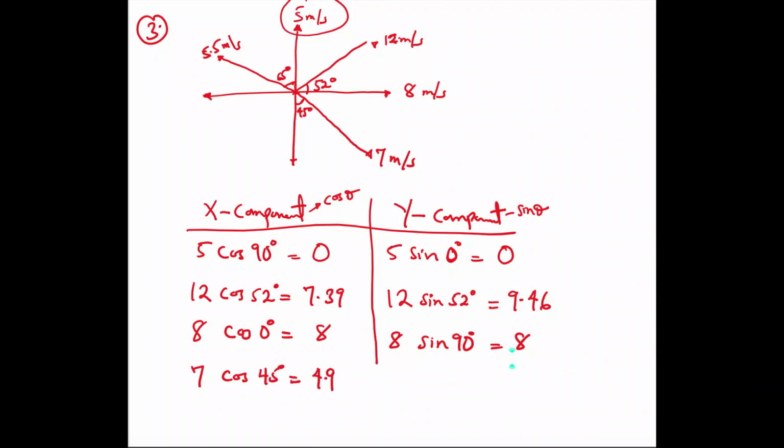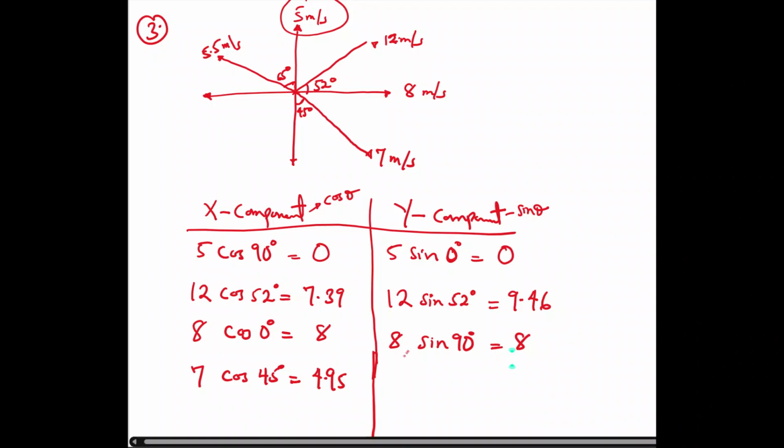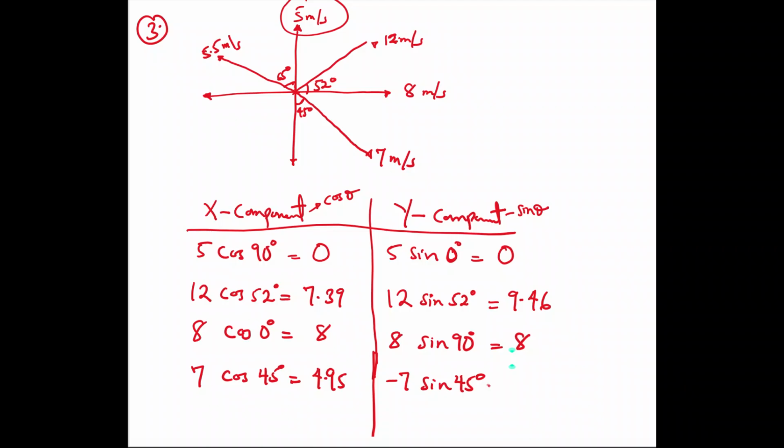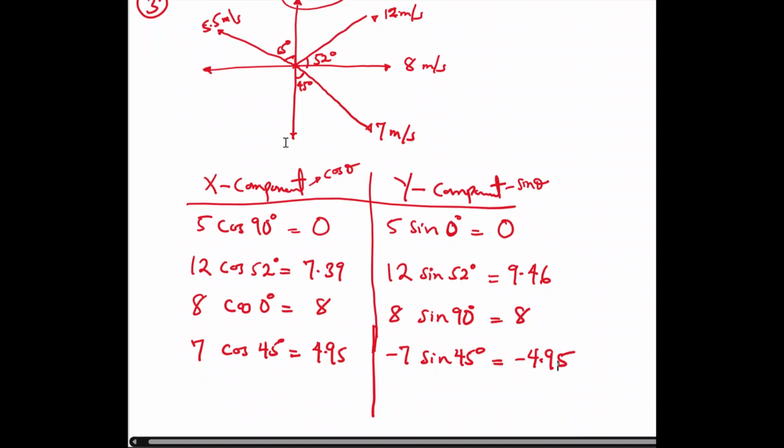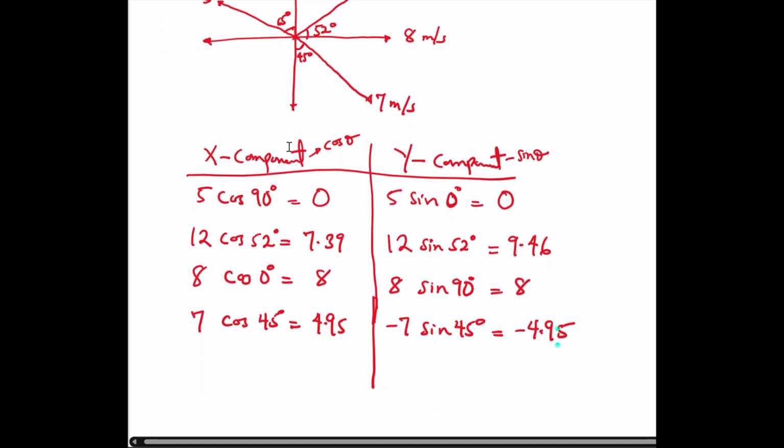So that will be 7 cos 45 degrees, which gives us 4.95. Now because it's facing down, for the y component this is going to be negative. So this will be negative 7 sine 45, which equals negative 4.95.